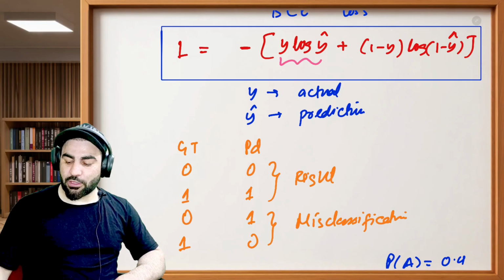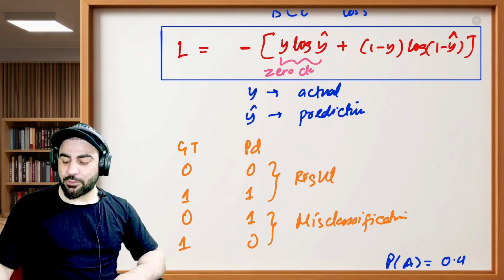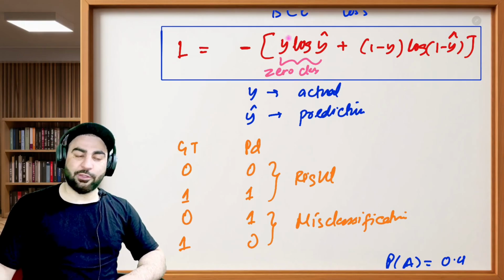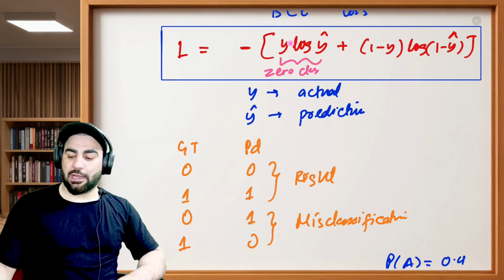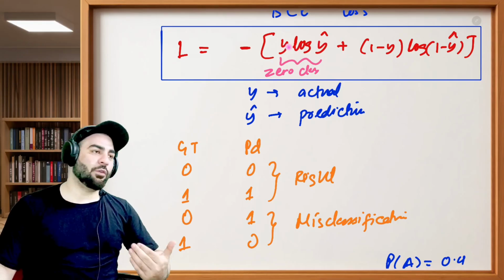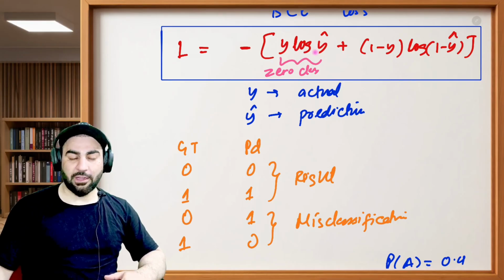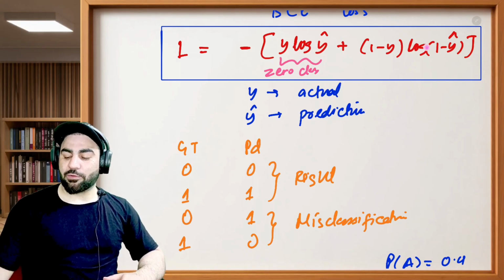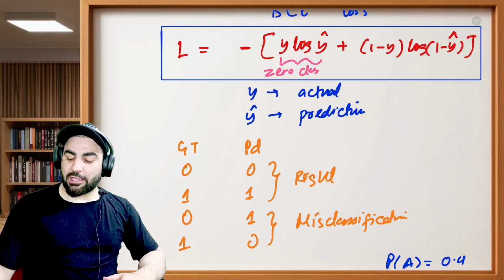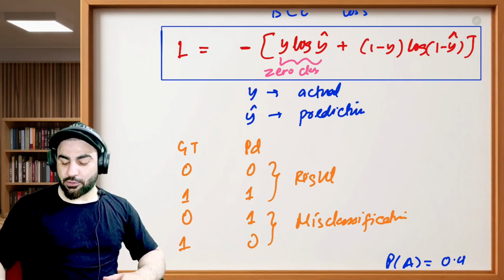If you take the 0 class, it will be handled by that. Why? Because if it is 0, this over here will vanish, because anything multiplied with 0 becomes 0. So anything that is now predicted will be based on the other term.